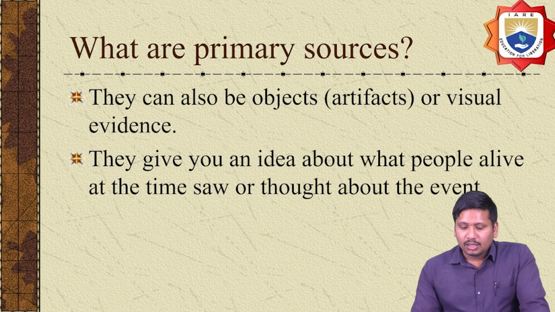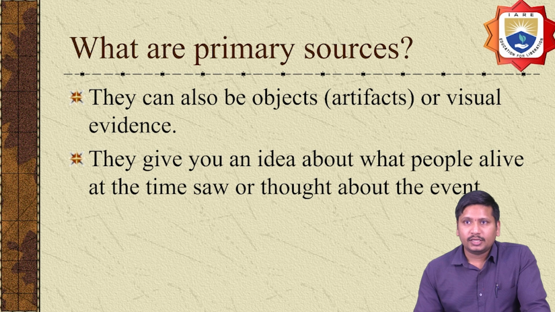Similarly, they can also be objects or artifacts, or visual evidence should be there. Then only can I say the data comes from a primary source. Otherwise I have to guess whether it is primary or secondary. So whether it may be objects or artifacts or visual evidence, it should be there compulsorily.